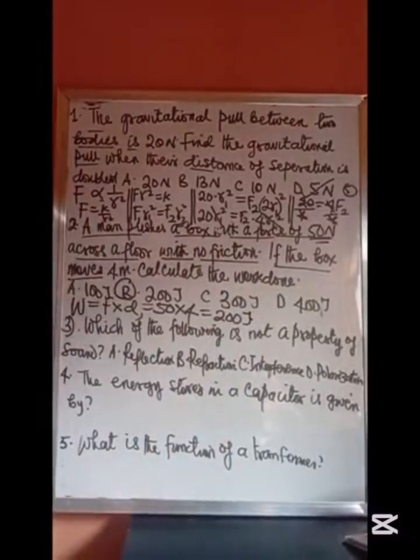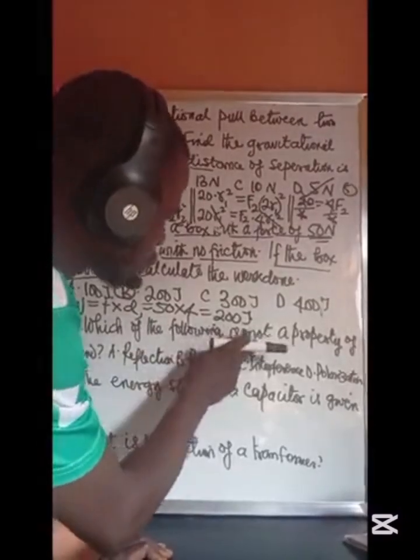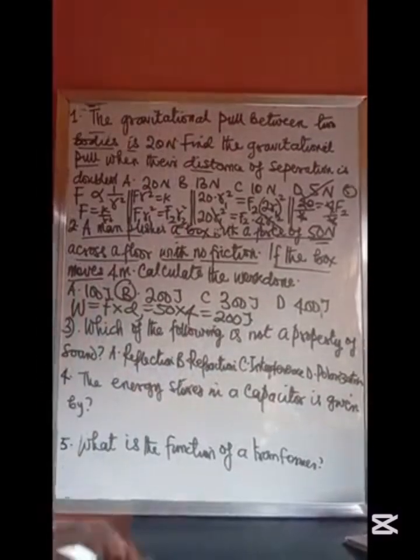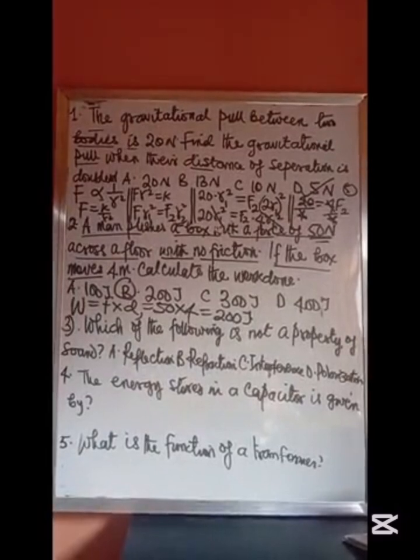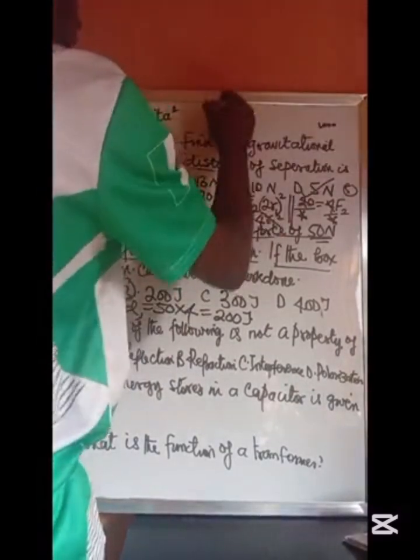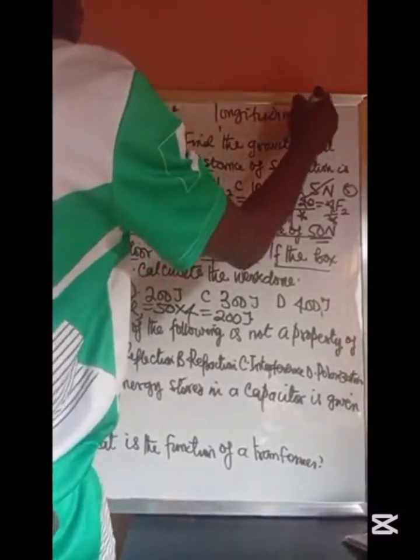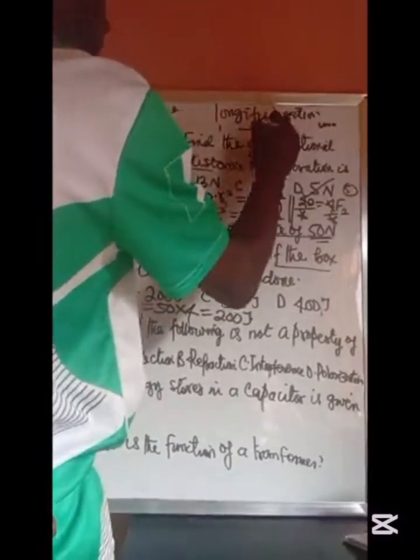Option B. The next says, which of the following is not a property of sound? All right, we know that sound is an example of a longitudinal wave, because it travels in the same direction as its vibration.